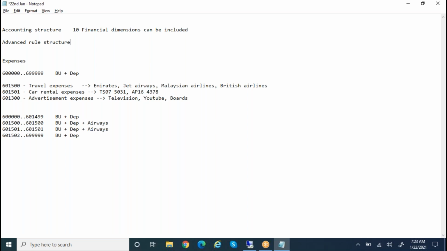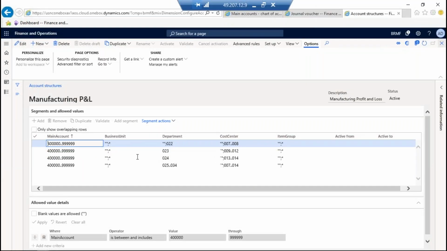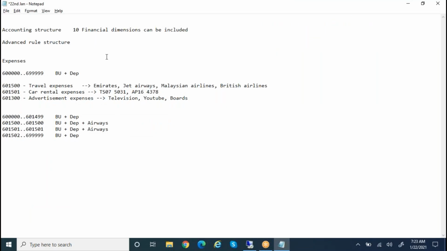No, this is not 10, because here we have only 4. For the 5th dimension, I am using the advanced rule structure. The reason behind it is to minimize the accounting structures. This is user friendly. Understood? Any doubt in this?